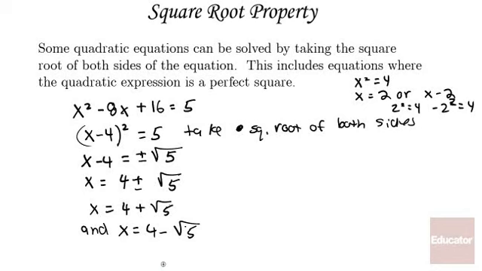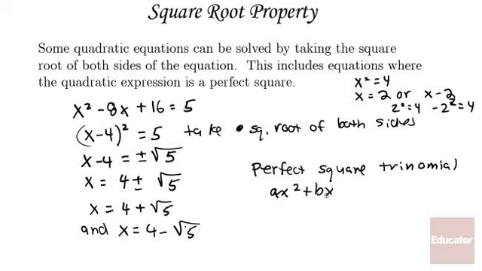Now, how do you recognize perfect squares? If you have a perfect square trinomial in the form ax squared plus bx plus c, the constant equals b divided by 2 squared, or sometimes we just say it's b squared over 4.